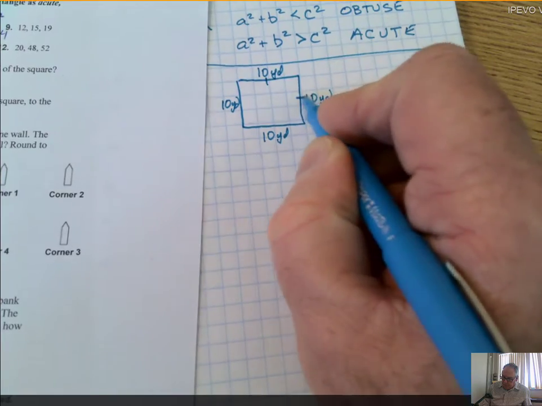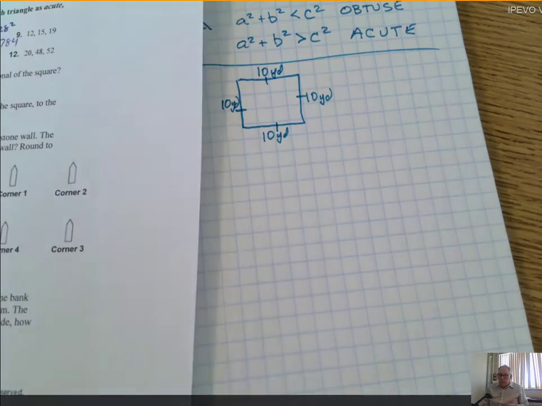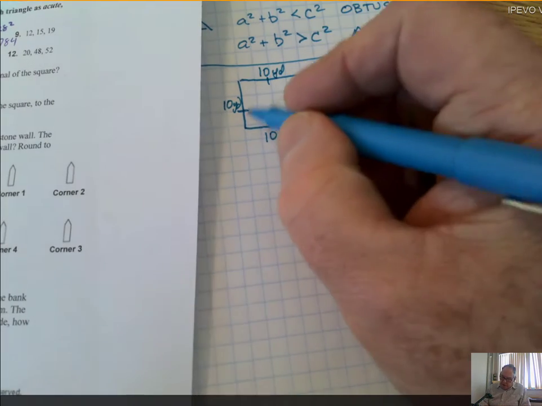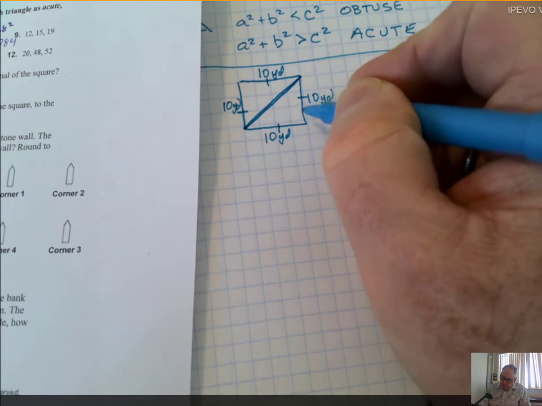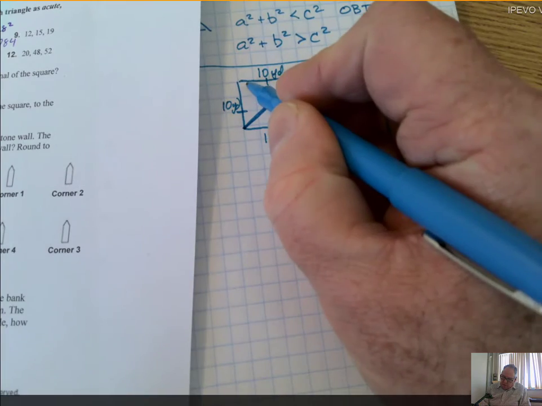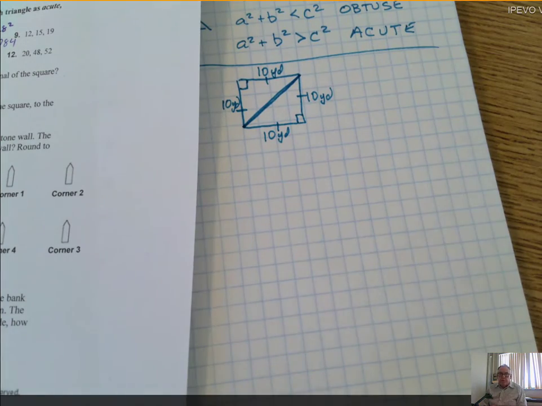Or you can mark them as all being congruent to each other. What is the length of the diagonal of the square, expressed in simplest radical form? So here's the diagonal of the square. If it's a square, it's made up of right angles with opposite sides congruent.